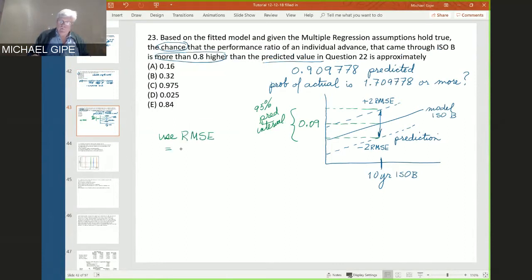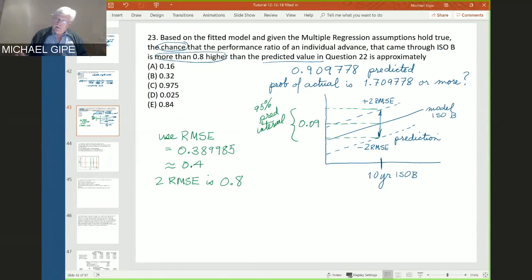And that RMSE value is 0.389985. We'll round it off to 0.4. And so 2 RMSE is 0.8. Very coincidentally, that is the actual number that we're asking to look at here.